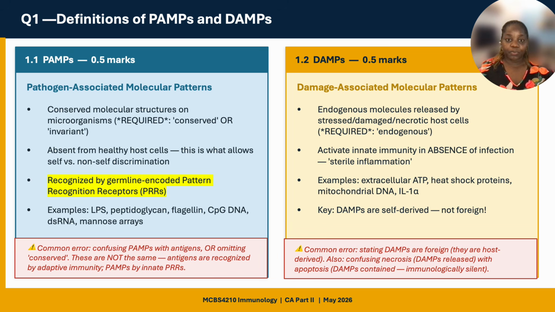This is why apoptosis is described as immunologically silent or non-inflammatory, while necrosis will involve rapid membrane rupture and release of all intracellular content, including DAMPs. So students who confuse these two forms of cell death in the context of this question will not have full marks on that question.